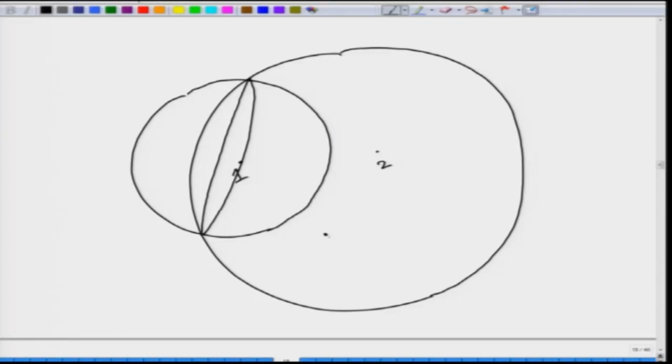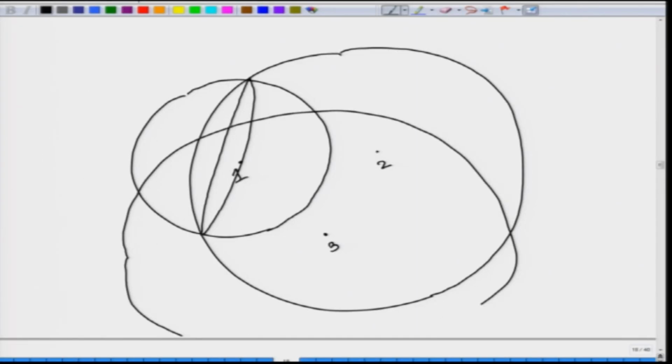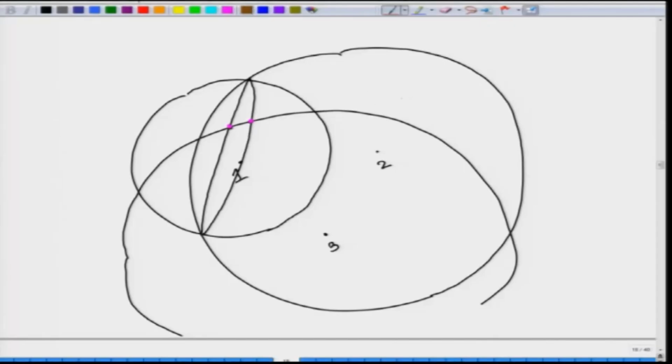Now, with the third satellite, you can construct another sphere, and in this case you will know that you are at one of these locations. So, you are either at this location or at this location. Now, one of these locations will fall on the earth. If you are taking measurements from the earth, then earth also makes another sphere, or else if you are taking measurements in the sky in 3 dimensions, then probably you will have to make use of a fourth satellite.